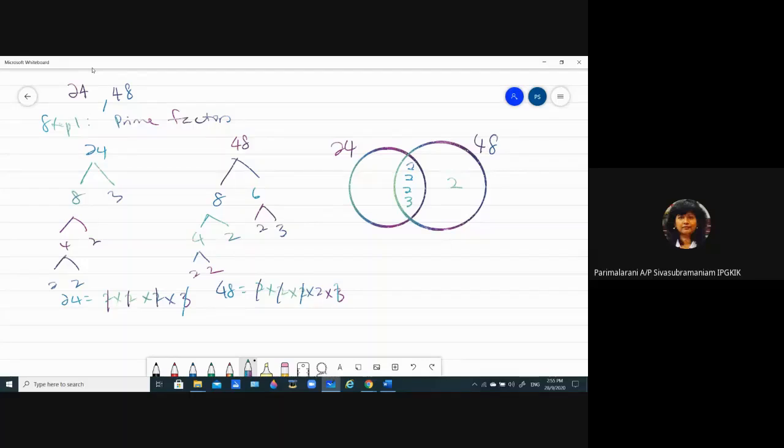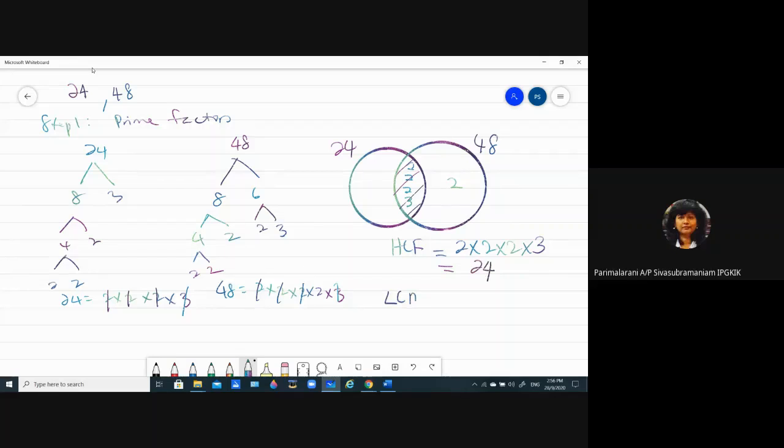Now we calculate the HCF, the highest common factor. For the highest common factor, we only look at the intersection. The common factors are 2, 2, 2, 3, and we multiply everything. 2 times 2 times 2 times 3: 2 times 2 is 4, 4 times 2 is 8, 8 times 3 is 24. So the HCF is 24.